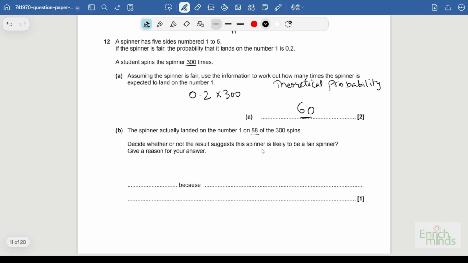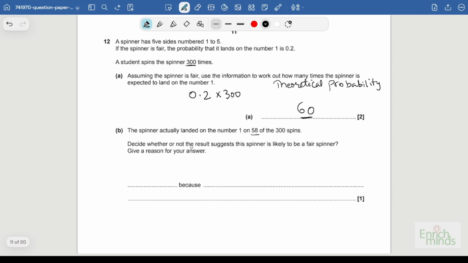So I would say that yes, the spinner is likely to be a fair spinner because the theoretical probability and the experimental one match very closely. 58 and 60 are very close numbers. So I would say that it's a fair spinner.